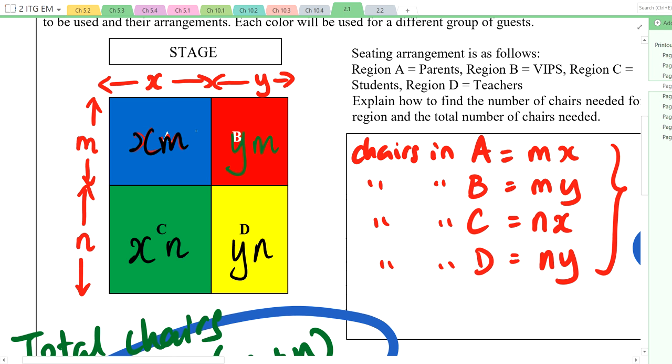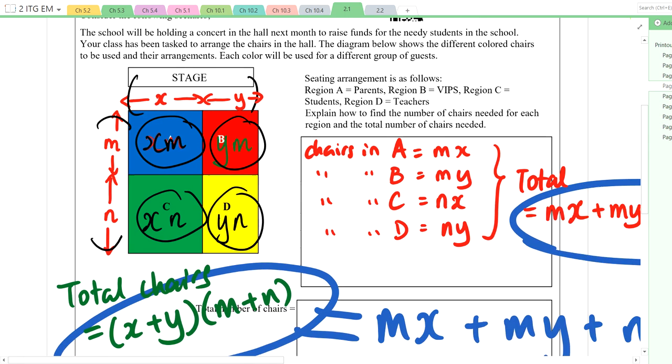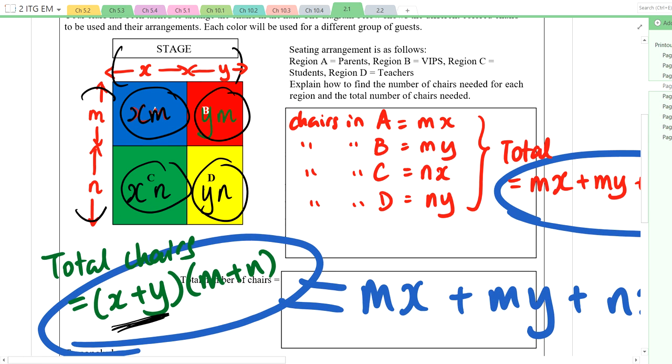We are just multiplying. So as long as I can form these 4, I can work backwards to get x plus y multiplied by m plus n. So to reverse it, I need to fill up the 4 boxes over here first. Then I can write down how I factorize it.